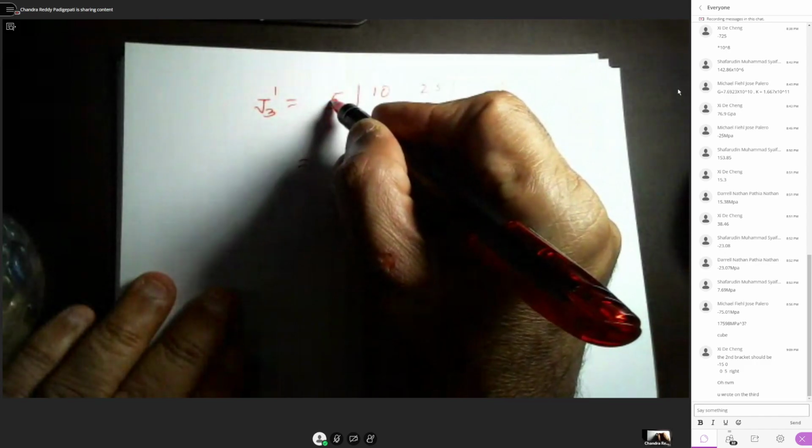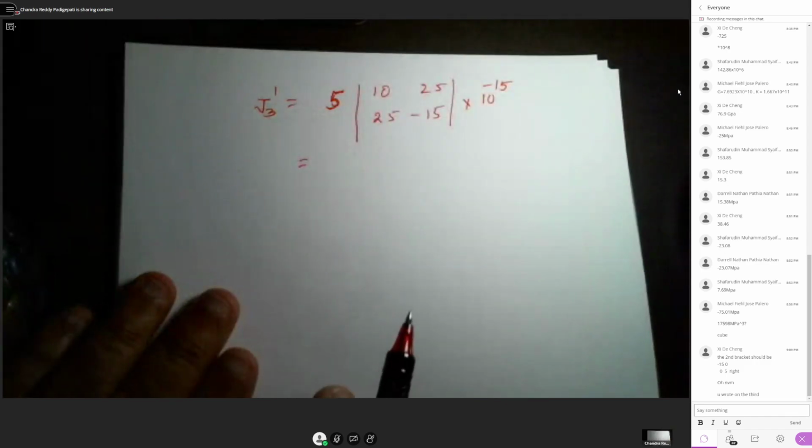This is 5, I am just taking from the third row.